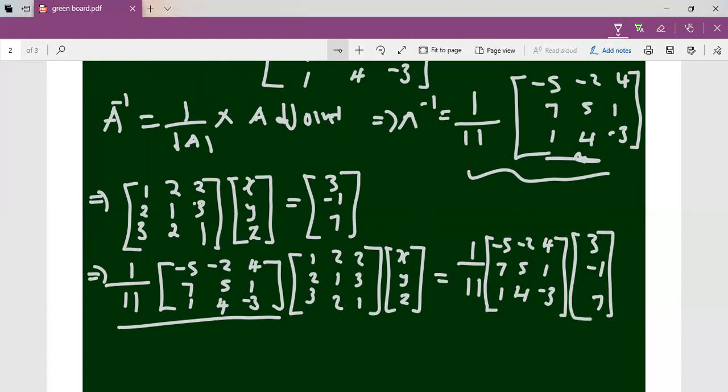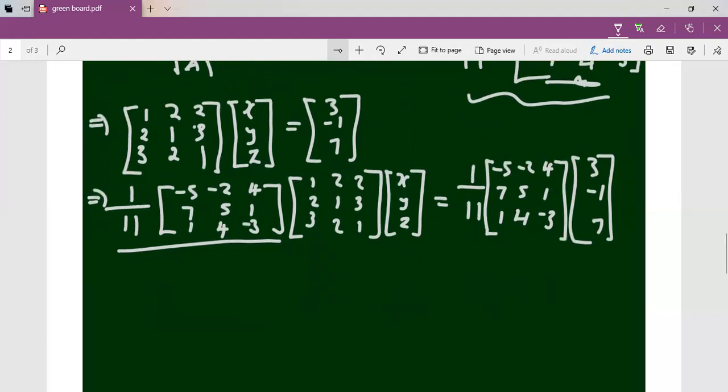But remember we said, when you multiply an inverse by a matrix, you get an identity.